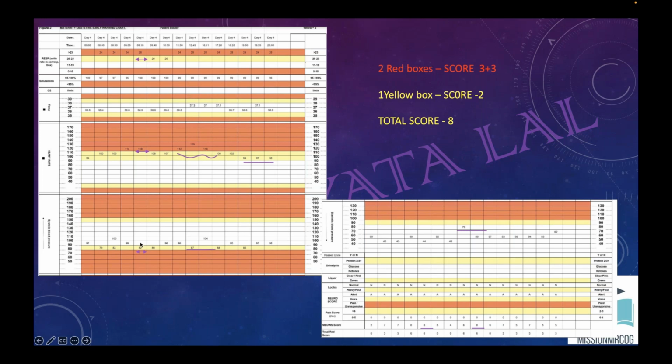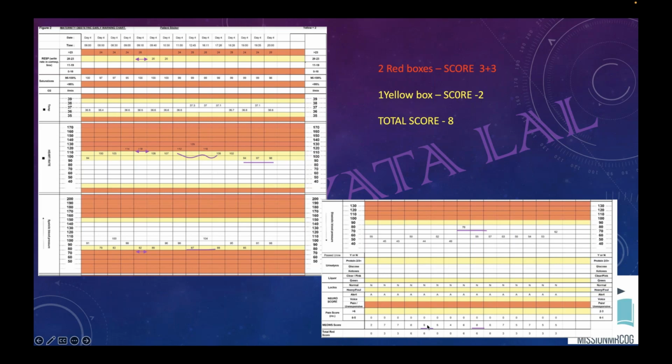And if you see one yellow box, the yellow box will be 2. So one red, two red, and one yellow. 3 plus 3, two red boxes is 6, and one yellow box score is 2. So 3 plus 3 plus 2, it will be 8. So this way the scoring is done.